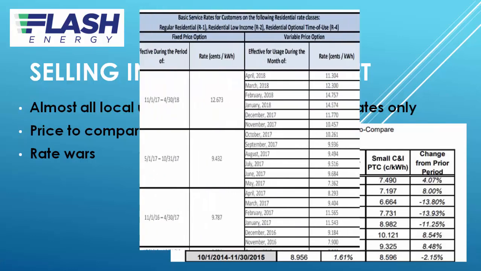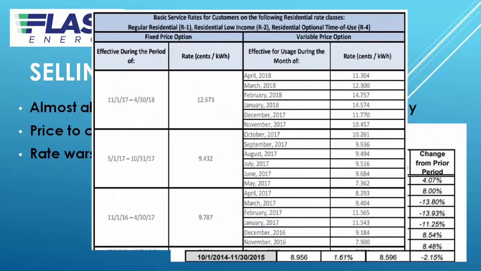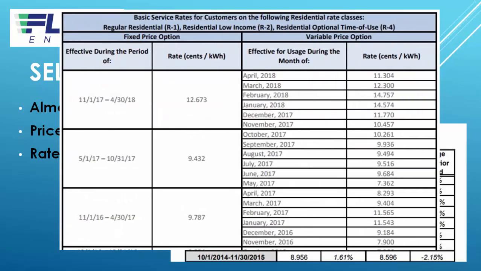All right. Here's a different example, and this is an unusual one. You'll rarely see this, but here's the pricing for National Grid in Massachusetts. With them, they have what they call a fixed price option, which is what others call their variable rate. It's a 5-month or 6-month deal, and it stays at a certain rate.